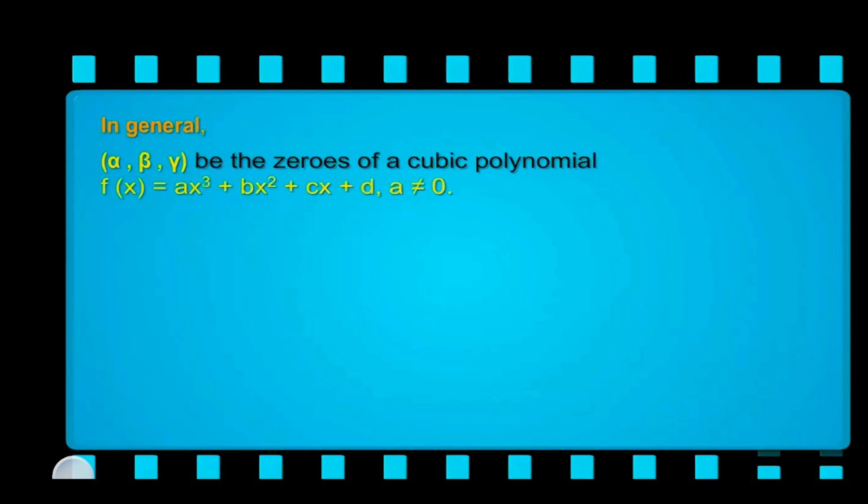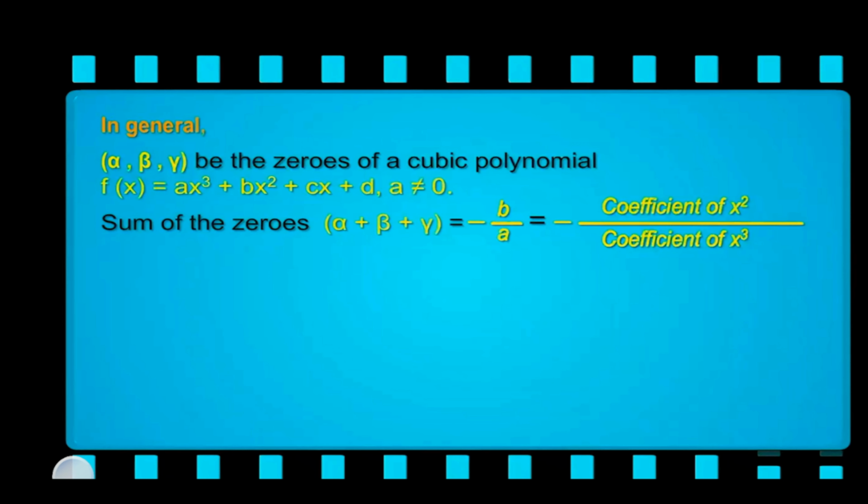In general, if alpha, beta and gamma are the zeros of a cubic polynomial f of x is equal to ax cubed plus bx squared plus cx plus d, where a is not equal to 0, the sum of the zeros, that is alpha plus beta plus gamma, is equal to minus b upon a, which is equal to minus coefficient of x squared upon coefficient of x cubed.